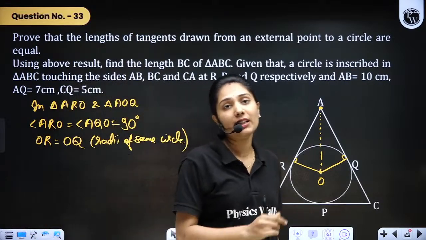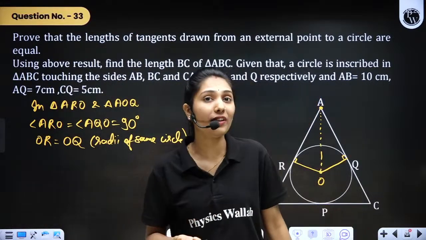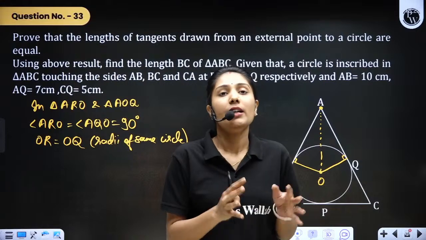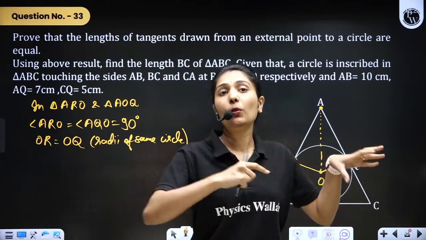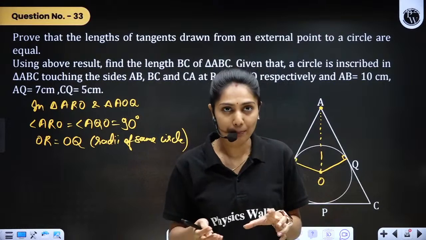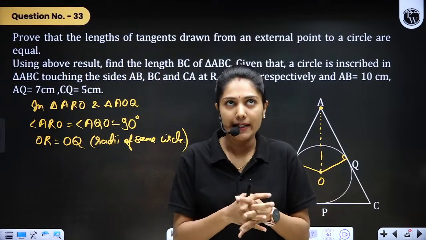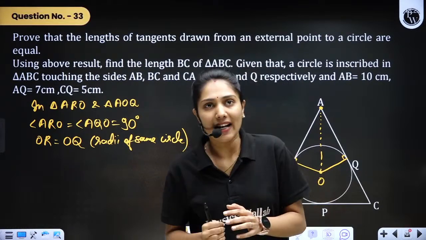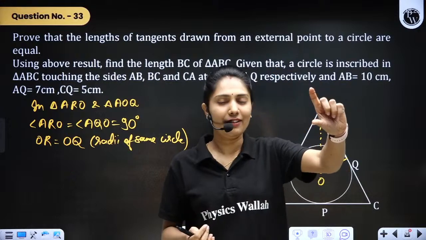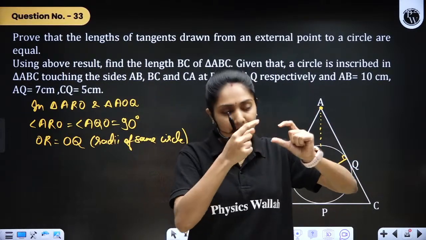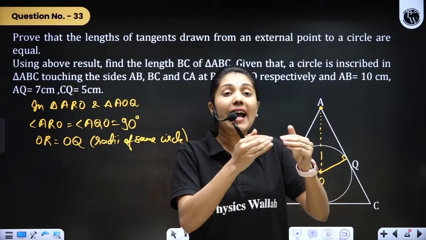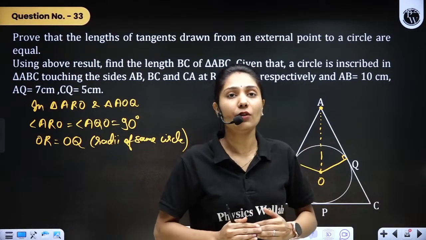One more thing. Whenever there is a question in your examination which says prove some theorem or prove something, firstly mention the given data, then what is to be proved, then the construction. After that you start your proof.